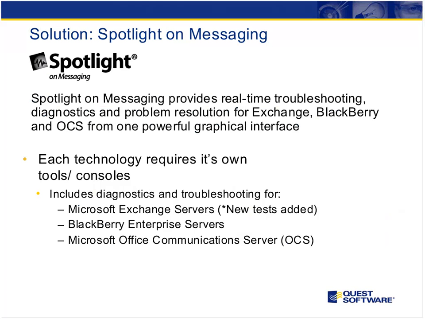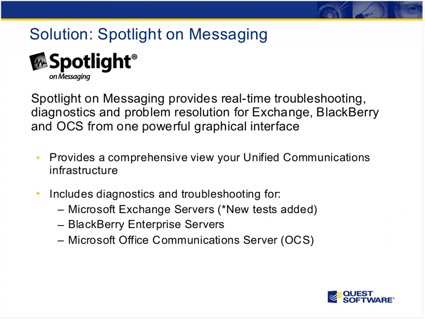So the solution that we've come up with is a product, again, called Spotlight on Messaging, which provides troubleshooting, diagnostics, and problem resolution for Exchange, BlackBerry, and Office Communication Server, all from the one tool. So you have a comprehensive view of what's going on in your UC infrastructure, and we have diagnostics and troubleshooting for all of those three different technologies.